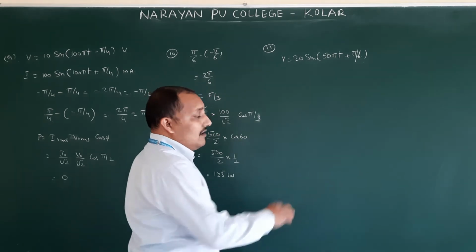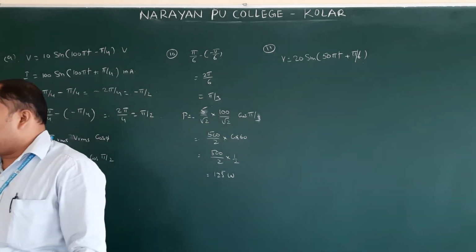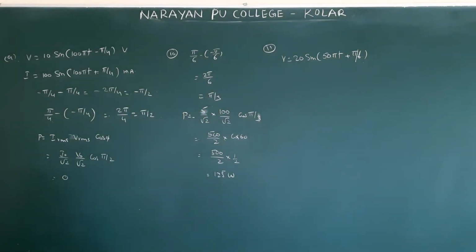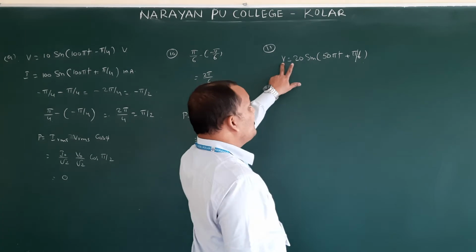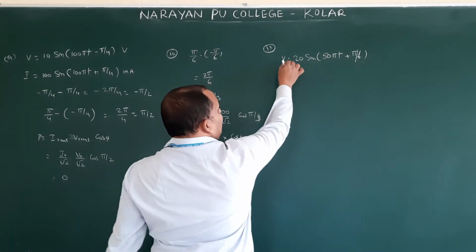How did you come to know they are asking time? In the options you can check once. In the options what they gave? 1 by 20 seconds they give. Therefore, at what time is the voltage going to become 0? So, key: voltage is 0.